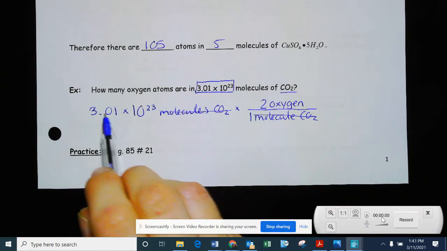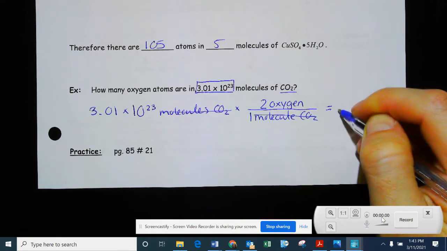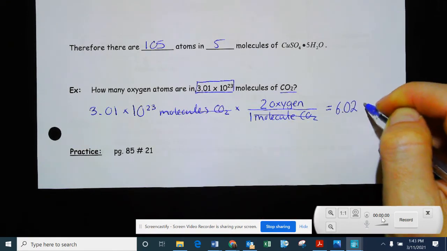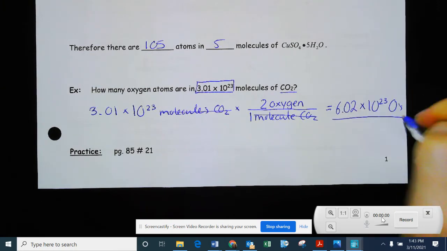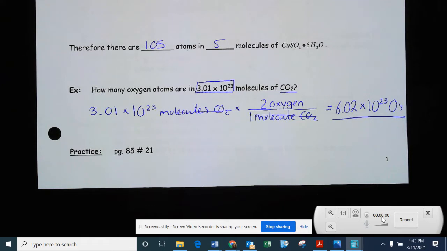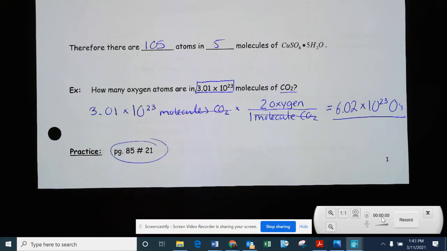So if I'm multiplying 3.01 times 10 to the 23 by 2, what I'm going to end up with is 6.02 times 10 to the 23 oxygens. So that's how many oxygens there are in 3.01 times 10 to the 23 molecules of carbon dioxide. Does that make sense? Okay, check out page 85 and try number 21, and then we're going to come back and move on to the next page here.